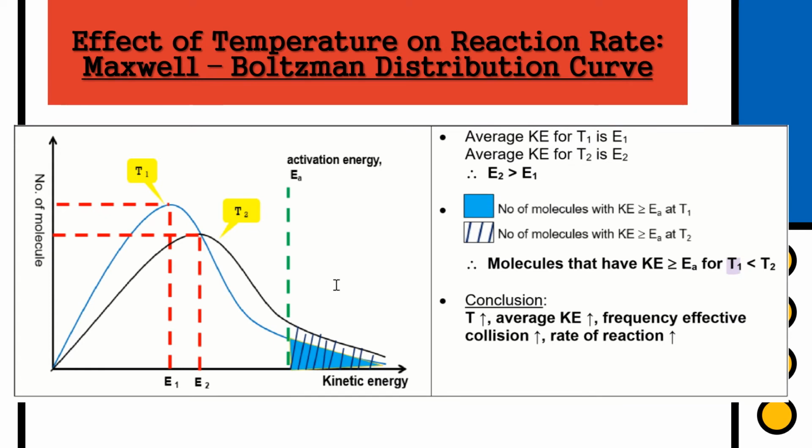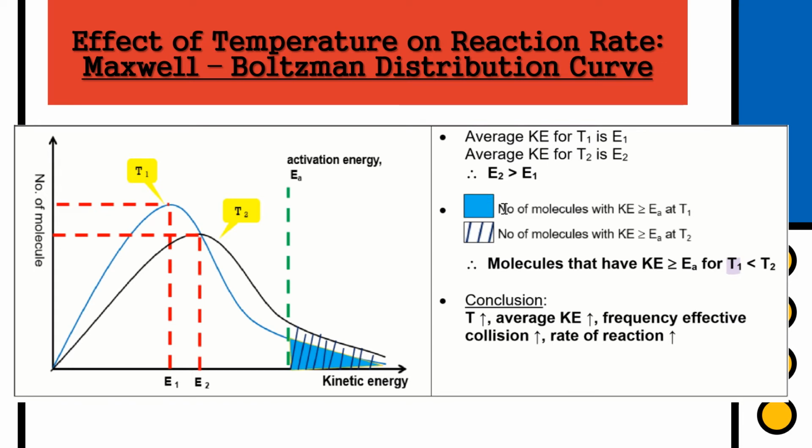And here we have E1 and E2 for average kinetic energy. Actually, you don't have to write down E1 and E2 in the exam. It is enough if you just draw the two curves, the area under the graph, and the information around here.